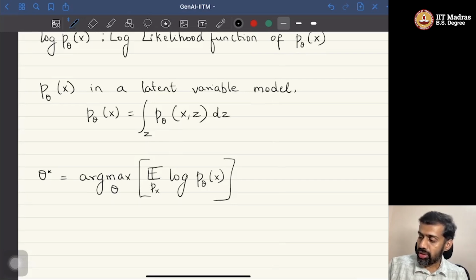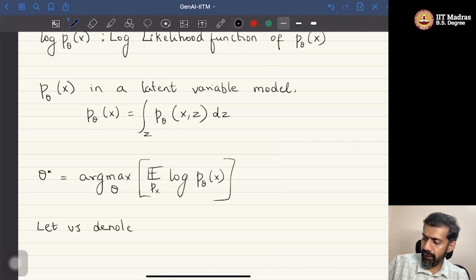Okay, so let us denote the log likelihood function p theta of x with L of theta.